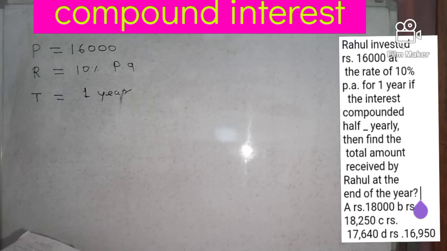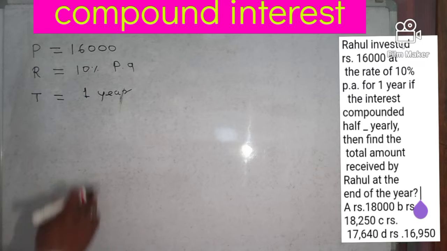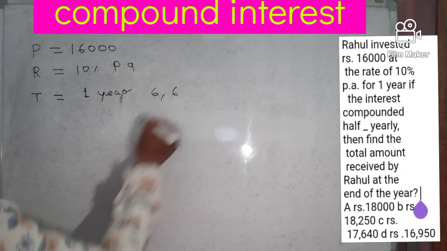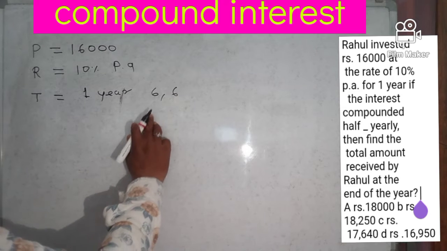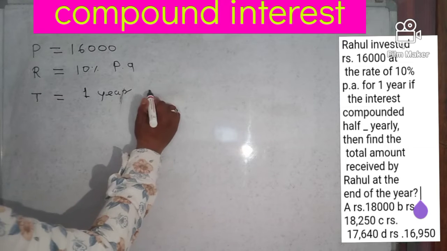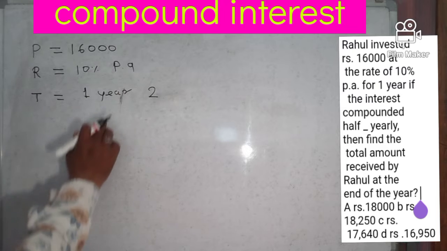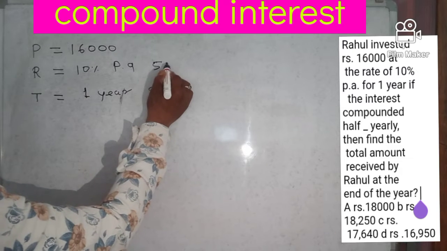The question says to find the total amount received by Rahul at the end of the year, compounded half yearly. Compounded half yearly means 6 months and 6 months, so the number of periods is 2. And the rate per half year will be 5%.